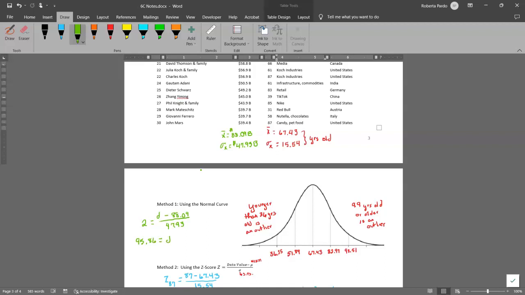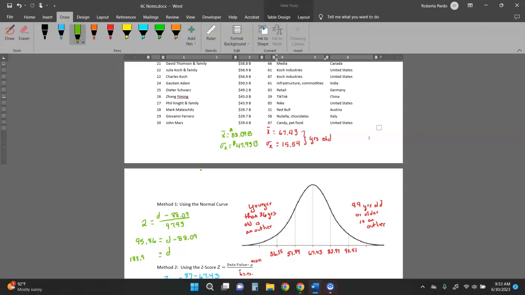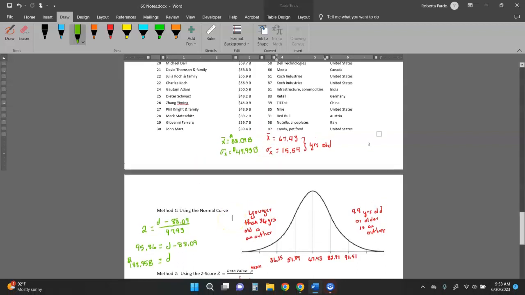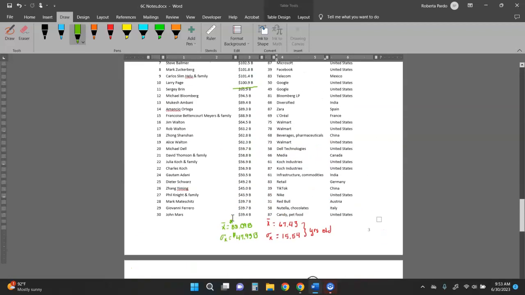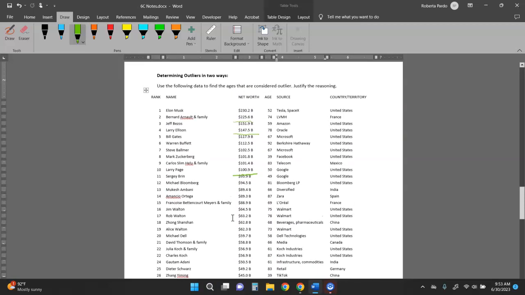That equals D minus 88.09. Now I add 88.09, and I end up with a data value of $183.95 billion, which gives me 2 standard deviations. Anything beyond 183.95 is considered an outlier.